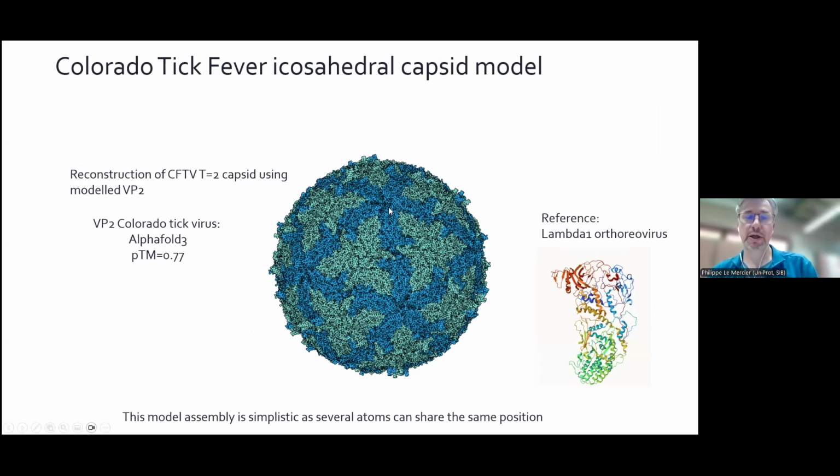You can choose to make just a pentamer, or half of the icosahedral capsid, or all of it. So using just the AlphaFold structure we made, we can recreate a complete capsid. We have to know that the model is simplistic, because you just put the proteins together by 3D geometry.